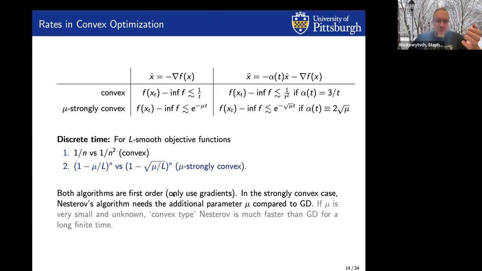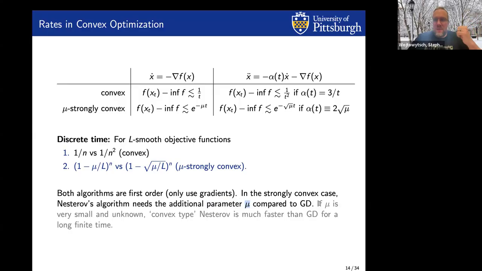So both of these algorithms are first order. They only need one gradient per time step. And the hardest part is that for Nesterov's algorithm, if we have a strongly convex function and we want to choose a strictly positive friction, we need to have an idea of the flattest direction. So that's an additional parameter that we'd need to estimate.